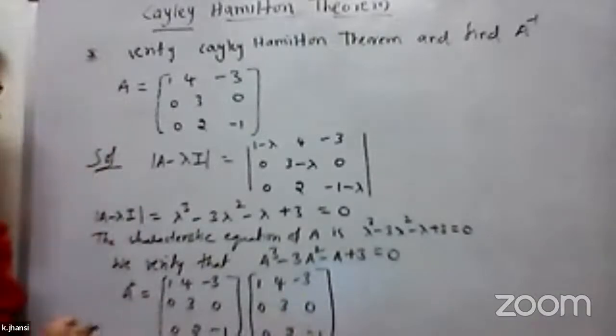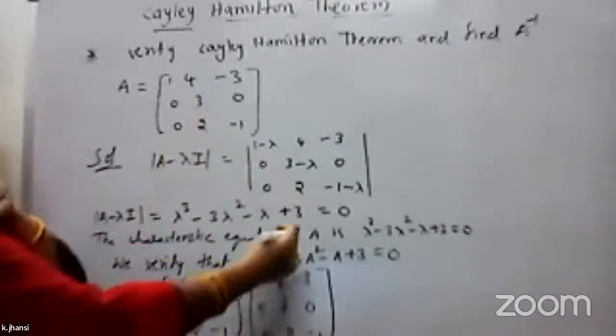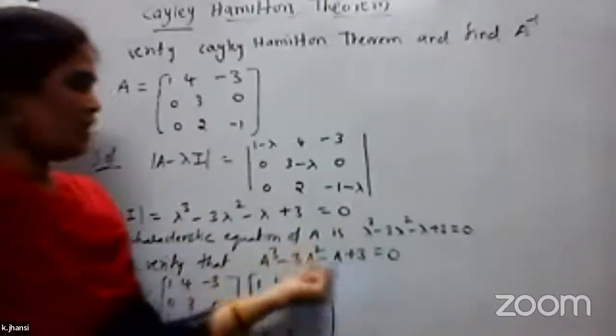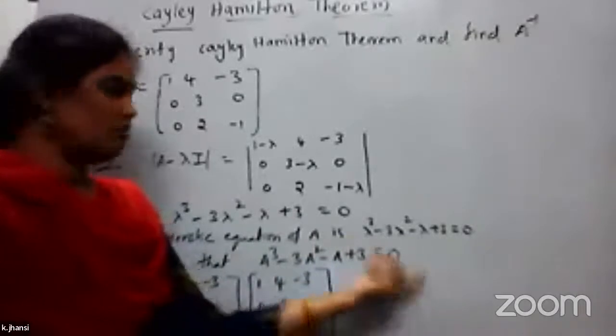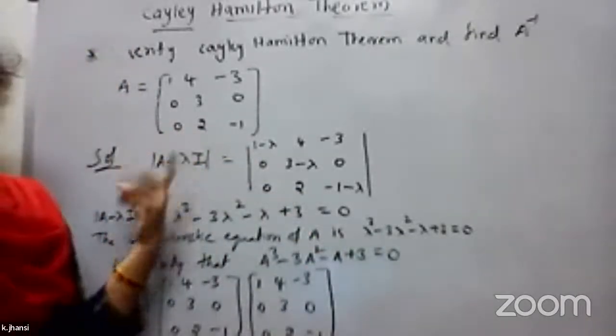Okay. A into A. So what is the concept of the Cayley-Hamilton theorem? If we are substituting matrix A in place of lambda, and that value is equal to 0, then the square matrix is satisfying its characteristic equation.